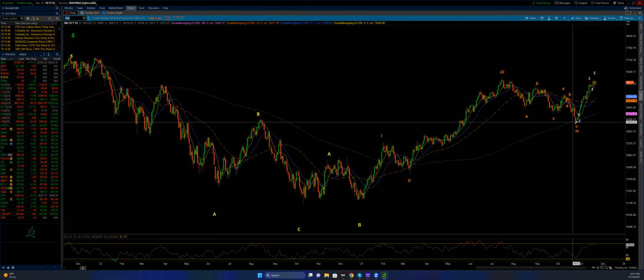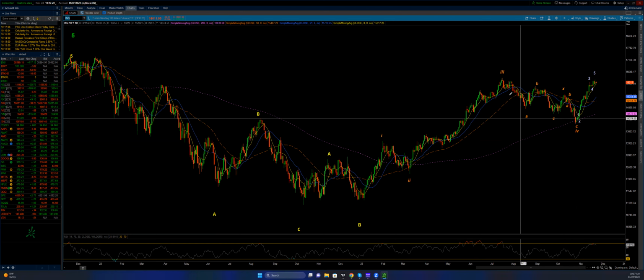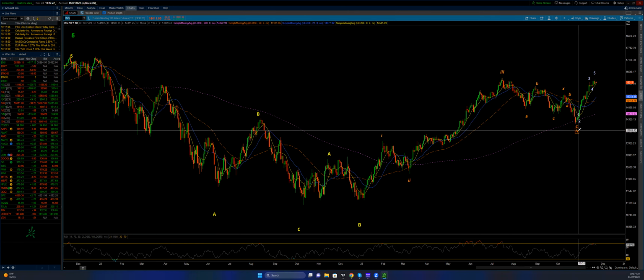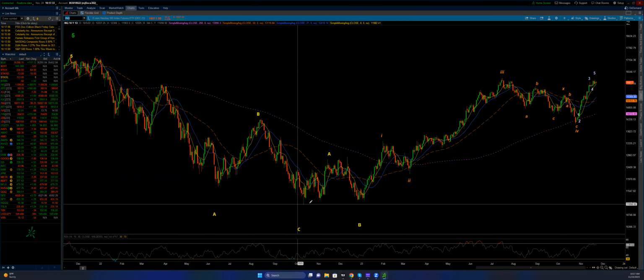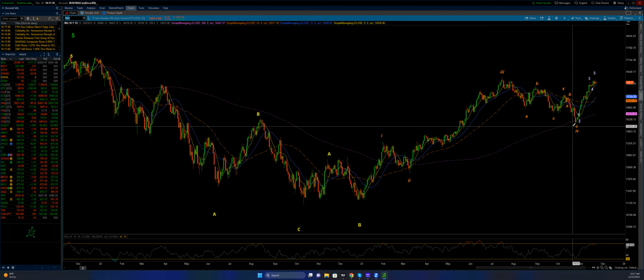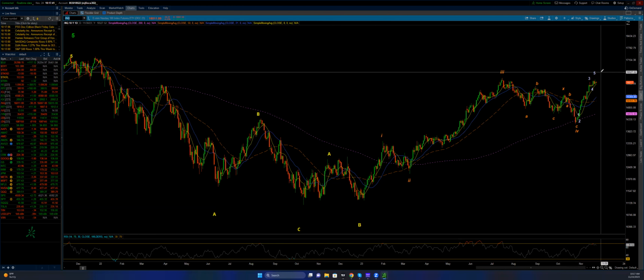And that started right off that low that we got at the end of October, which was a completion point of that beautiful decline that we had. Now again, an October low coming back, right? This is October 2023. This is October 2022. So we have these October lows and the market launches up.